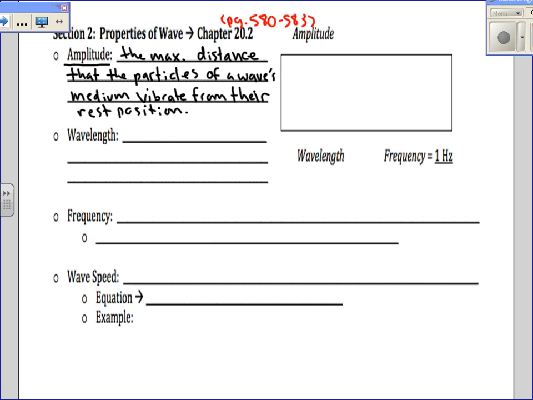Now, we need to draw a wave so we can discuss where amplitude is found. So here's our baseline, and now the wave. In this case, we're talking about a transverse wave. This is the amplitude of the wave, and if we cut the wave down the middle, this is also the amplitude.